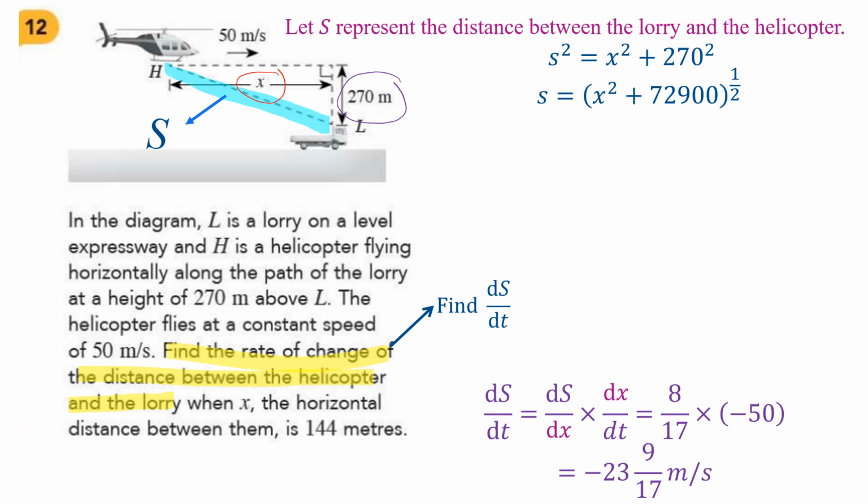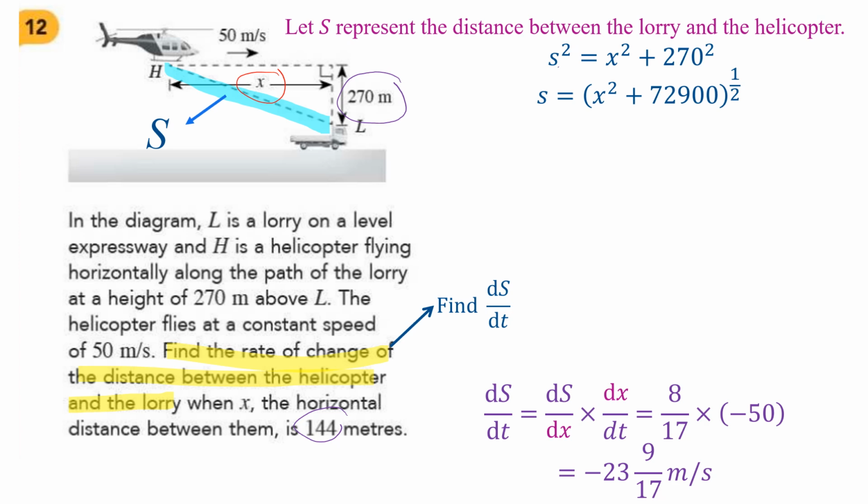we will have to substitute X to be 144 later on. You see, X is the horizontal distance, which is 144. So if you make X the subject, then I need to substitute X to be 144 into this equation to find my value of S. Okay, so therefore it's very important that you make the right variable the subject of your equation.